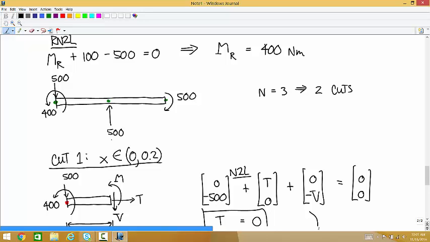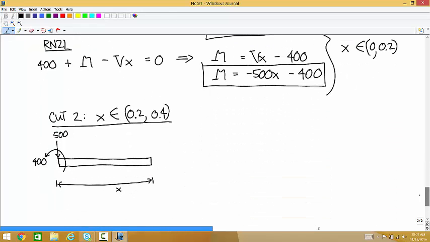If our x represents 0.20001, then that 500 Newton force is really close to the end of what we're isolating. If our x represents 0.3999, then that 500 Newton force is really close to the middle. But either way, this appears, and you can just put it wherever. I'll put it here.